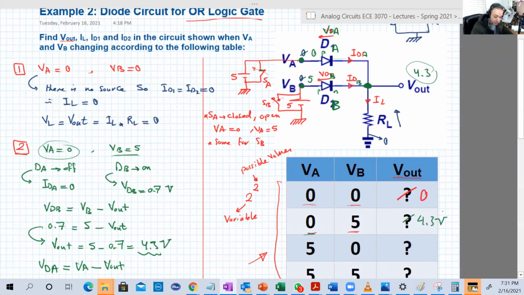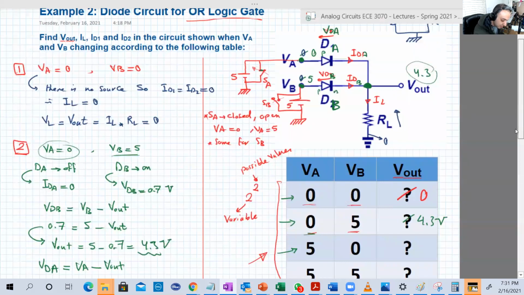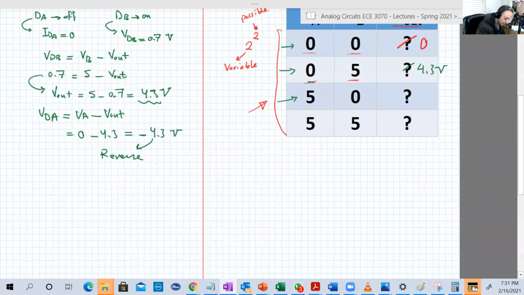So in number 1 it was 0 volt. In number 2, or in this one, it is 4.3 volt. Now before we go to number 3, I will just make you very sure about our process here. Let's assume that DA was on, which is incorrect, of course, but let's assume so and see what's going to happen. So let's do that in black.